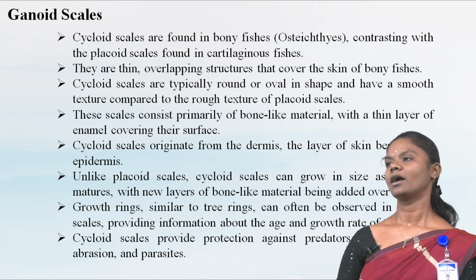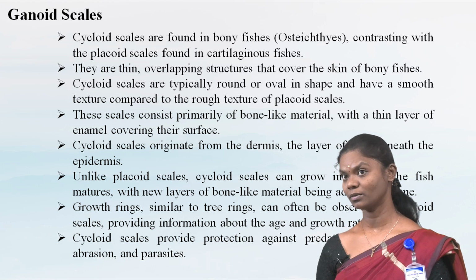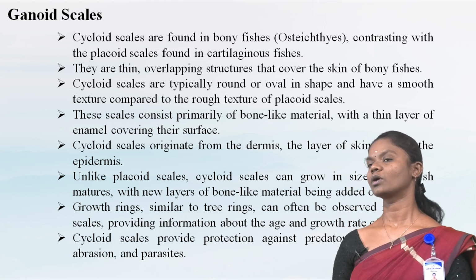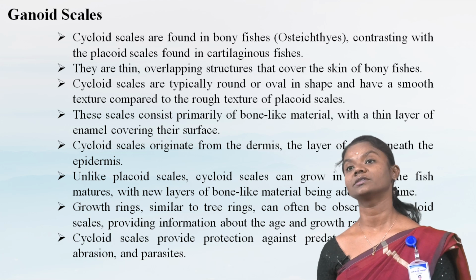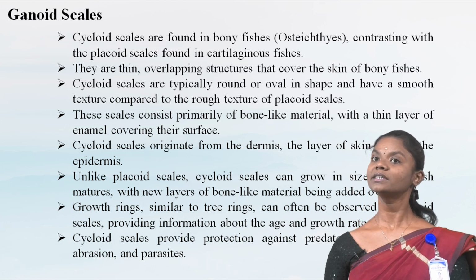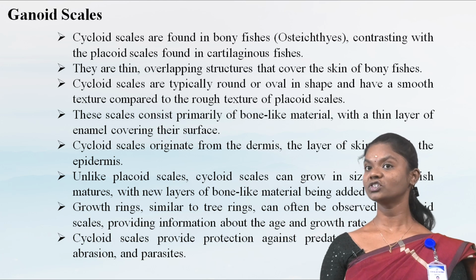Cycloid scales are found in bony fishes, in contrast with the placoid scales found in cartilaginous fishes. They are thin, overlapping structures that cover the skin of bony fishes.